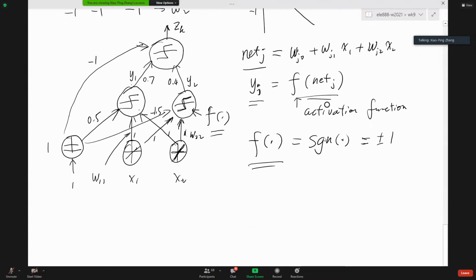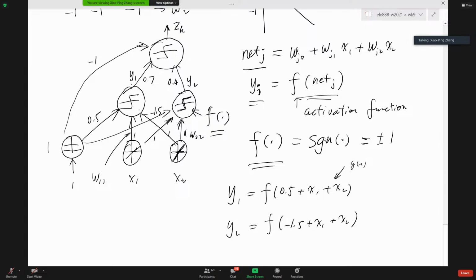If we plug in those coefficients, then we have y1 equal to f(0.5 + x1 + x2), and y2 equal to f(-1.5 + x1 + x2). This is somehow like the LDF, like the g(x) we talked about before.